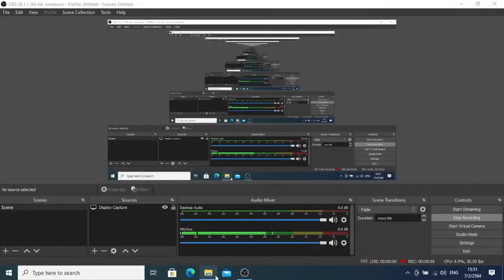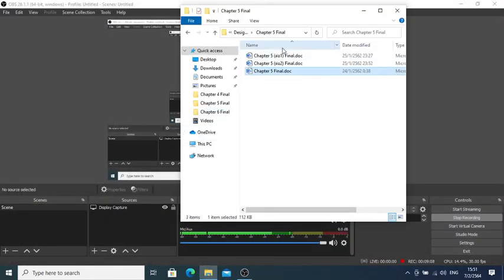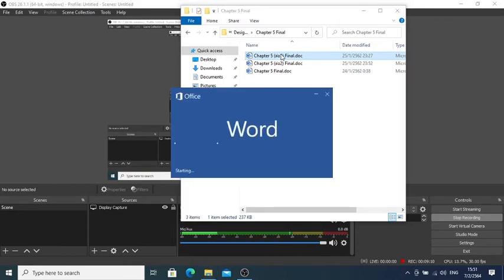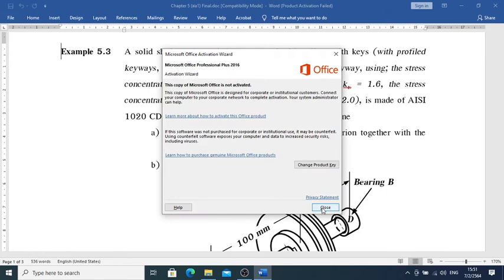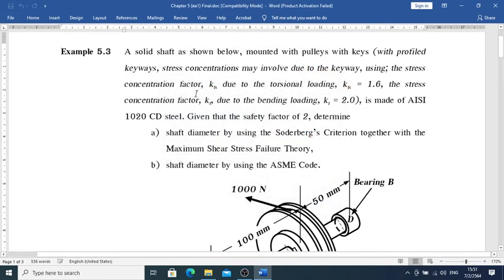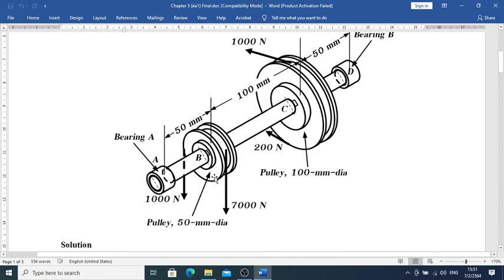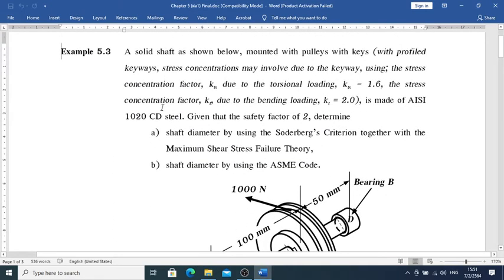All right, so let's have a look at another example. That is what we have done in chapter 4 already, exactly the same example. We said the solid shaft as shown below, mounted on the pulley with keys, profile keyway.